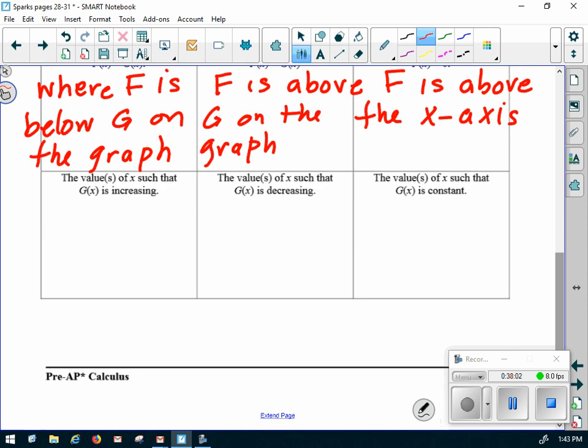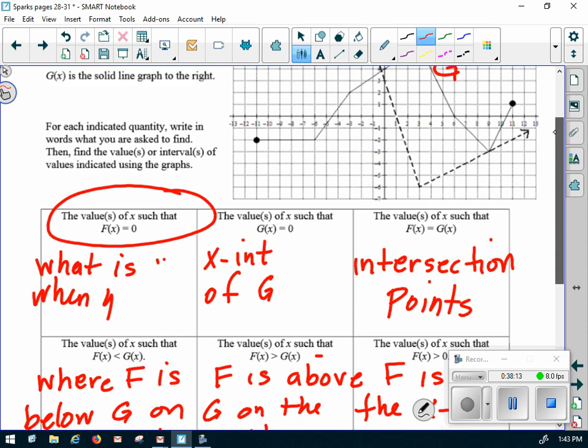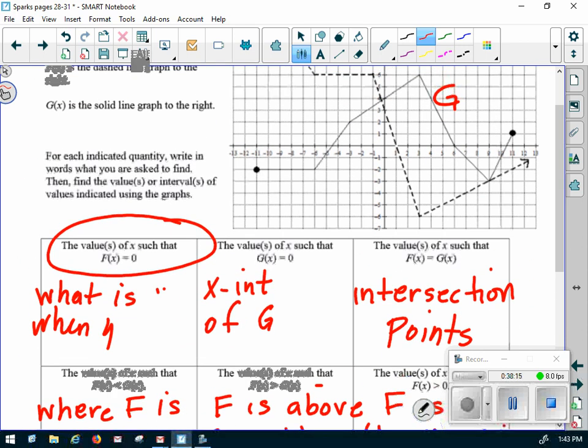The values of x such that g is increasing. How can you look, let's just say right here. What's it mean? What's going up? So as the x values are increasing, the y values are increasing. Yes.